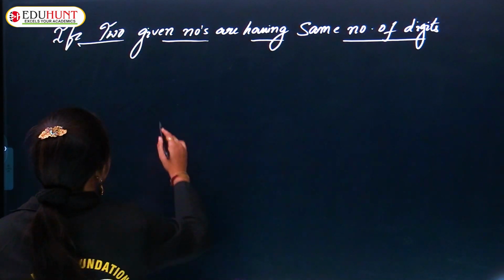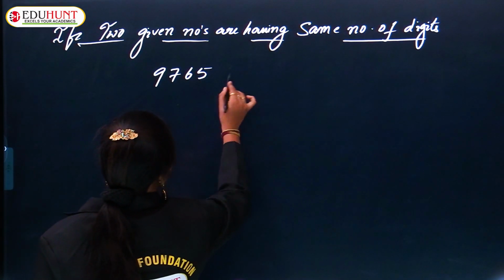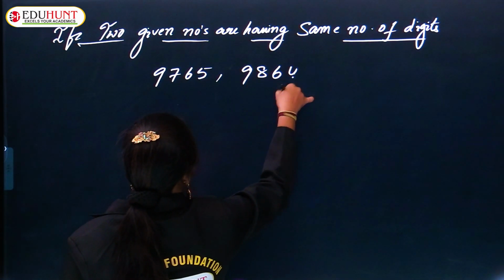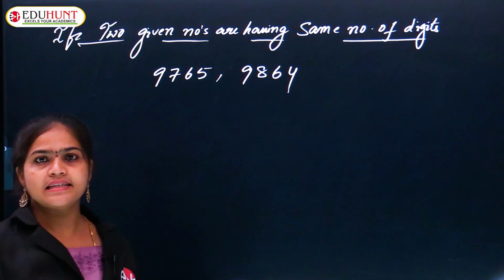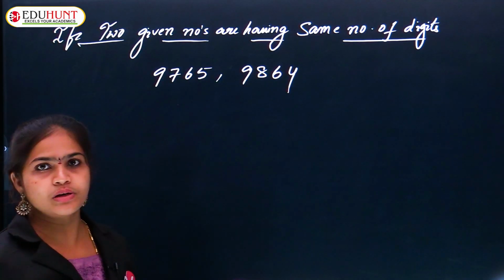See, 9765 and another number, 9864. Understood? Now see how to compare these two numbers.